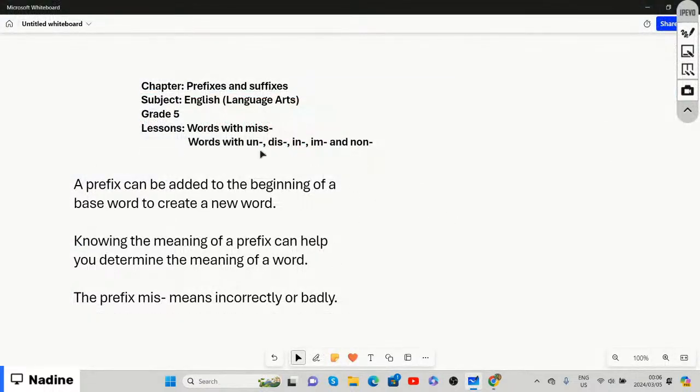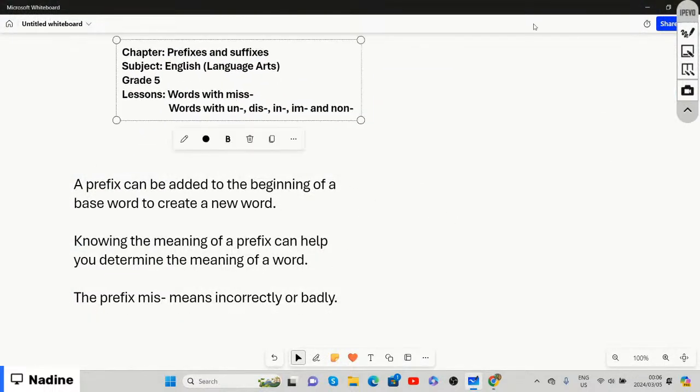So today, our chapter is prefixes and suffixes, English language arts, grade 5, and the lessons that we are focusing on today are words with miss, and words with an, dis, in, im, and non.